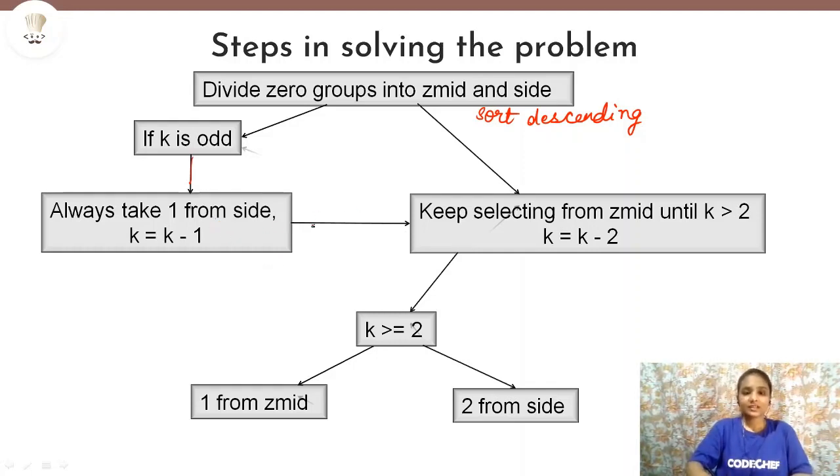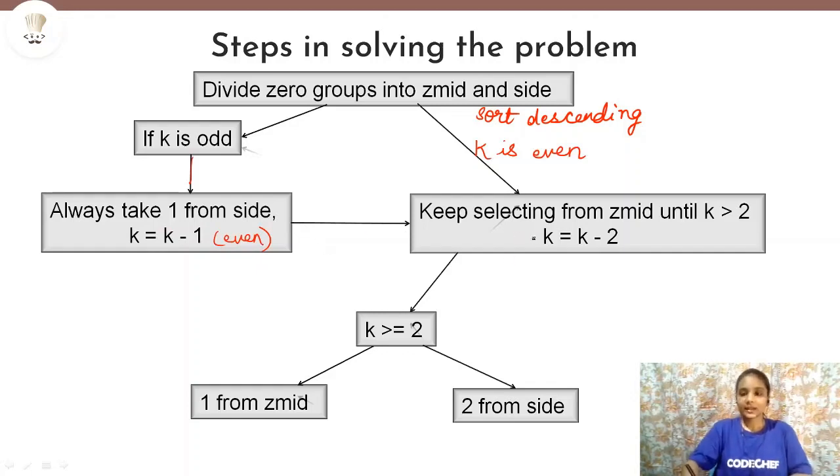Now, after we have done that, we will move to this step only, which means that k is even. So this step will be followed when k is even. So here we have done k equals k minus 1, making k even each time.